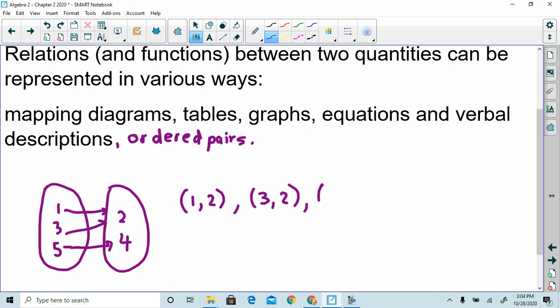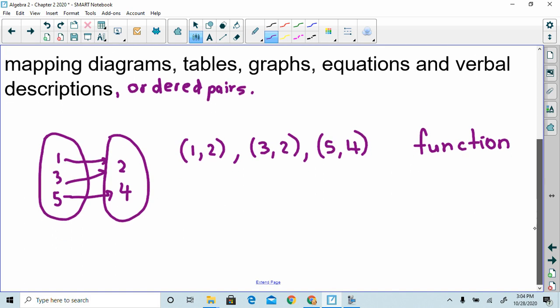And it says that if each input value has exactly 1 output, 1 goes to 2, 3 goes to 2, 5 goes to 4, then this is also a function. But that second statement says that if at least 1 quantity in the input has a different output, then it's not going to be a function.